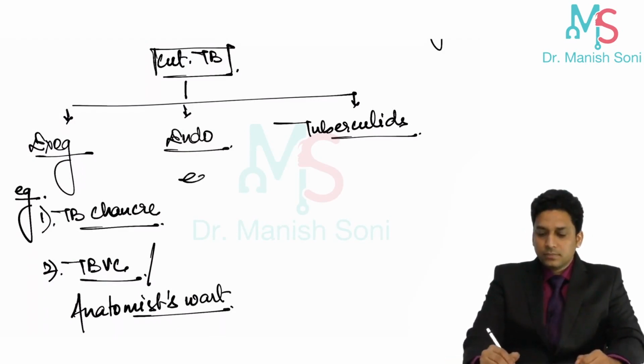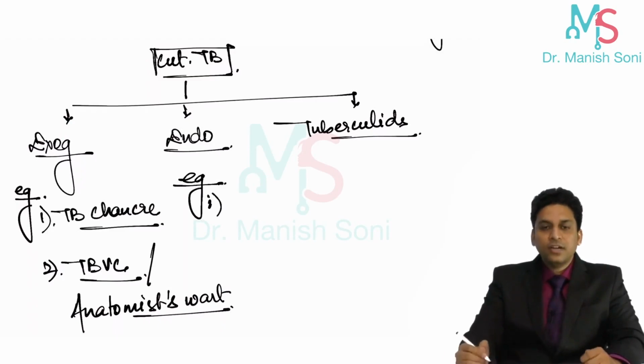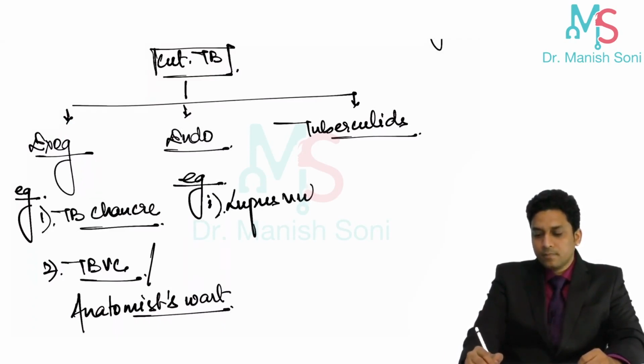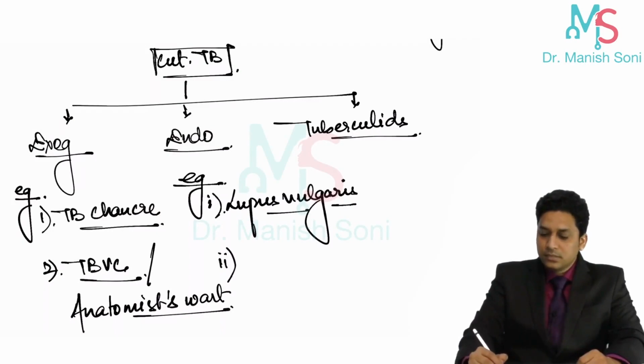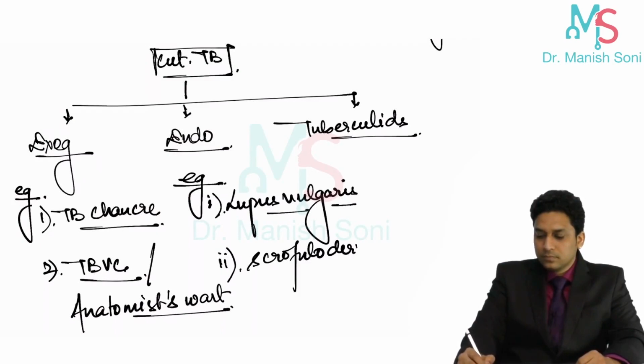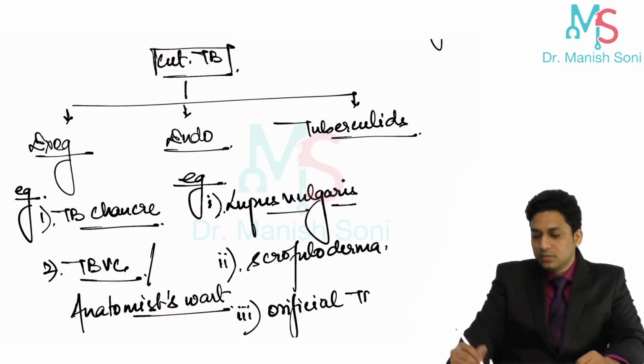Then endogenous. The examples of endogenous are lupus vulgaris, second is scrofuloderma, and third is orificial tuberculosis.